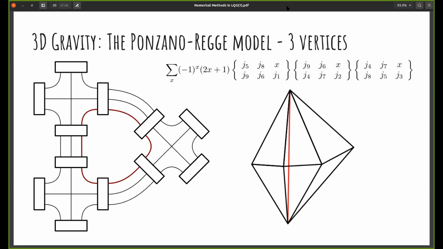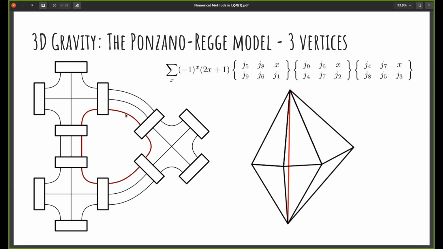So you apply the recipe that I told you before, and you get this expression here for the amplitude on top. This 2x plus 1 was the dimensionality factor that was glitched before, and I told you in words that there's a dimension of the representation associated with the bulk face that you need to add when you sum over all the possible bulk spins.